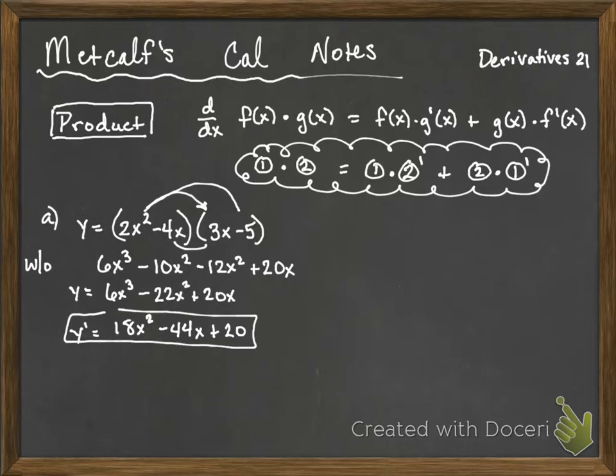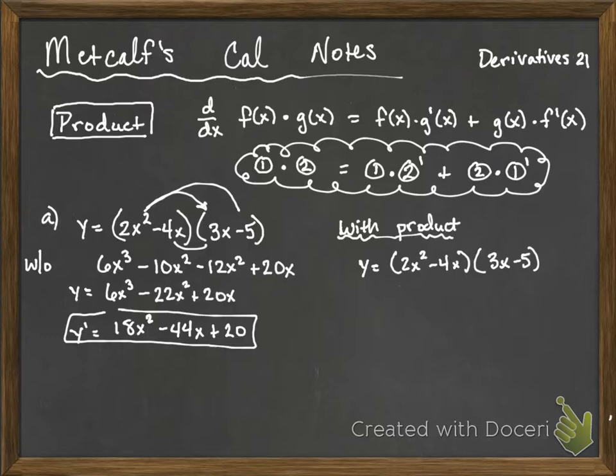Okay, so let's look at the new stuff for today. What would happen when I do this with the product rule? This is with our new rule. So I'm going to rewrite my function, 2x squared minus 4x, and 3x minus 5.